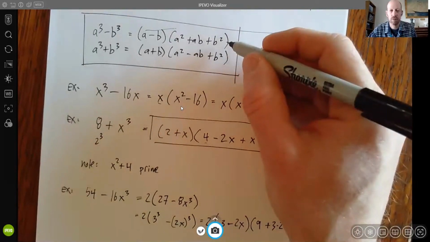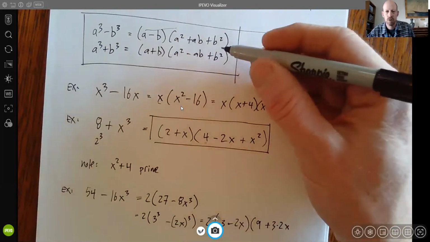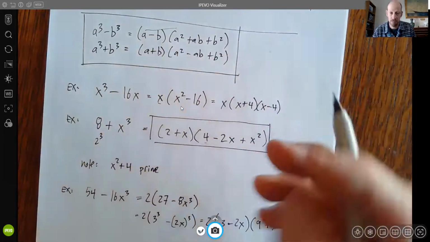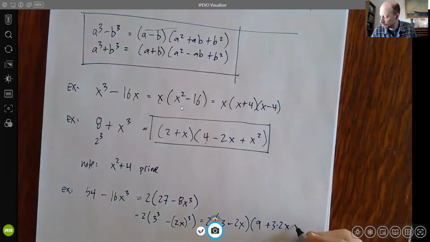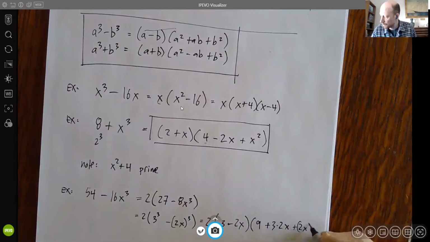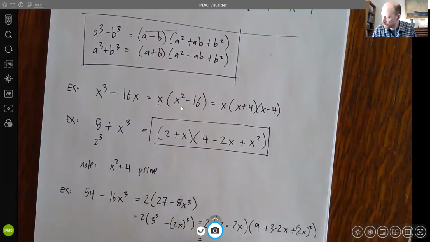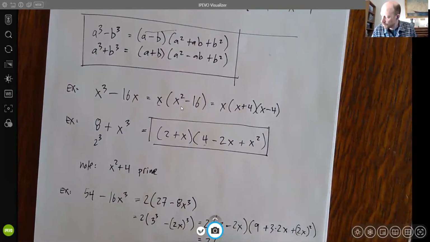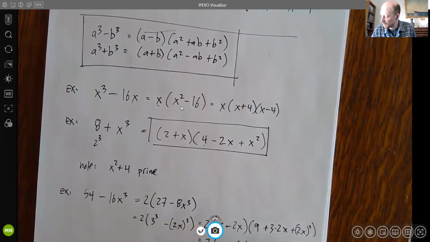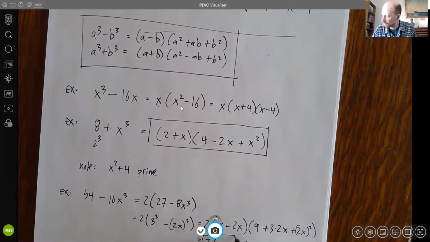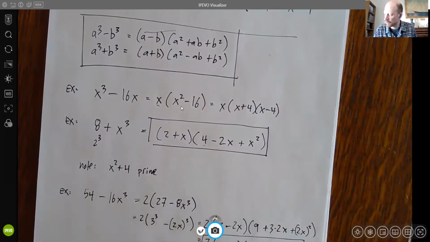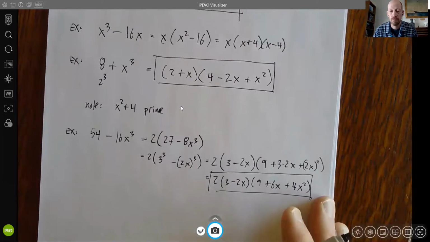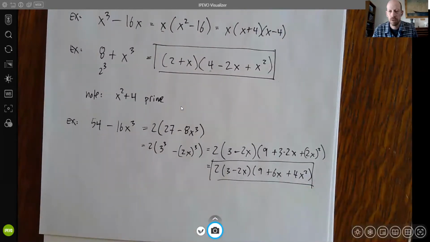Good thing I have my formula to look at. And then B squared, that B is 2x, so that's going to be 2x squared. So it's 2 times (3 minus 2x) times (9 plus 6x plus 4x squared). And you don't have to worry about simplifying or going any further there. That's what we're looking for.